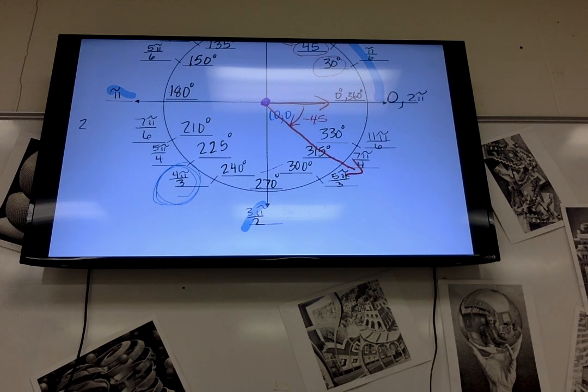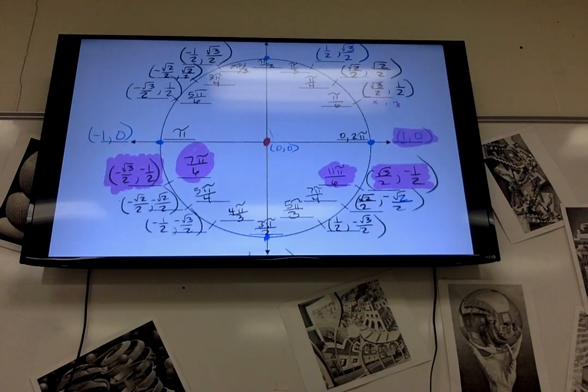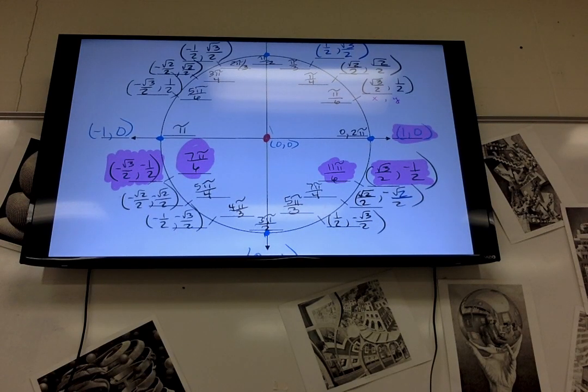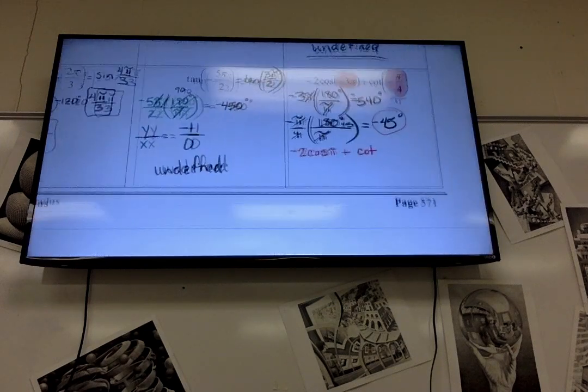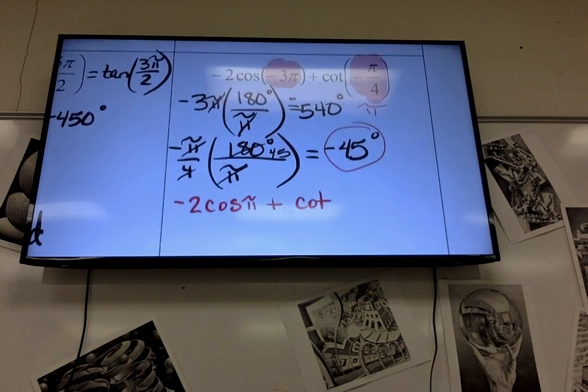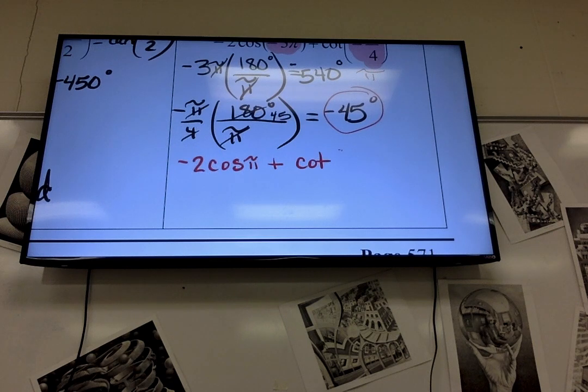Negative 45 corresponds to 7 pi over 4. That's what it is in radians. Okay, so 7 pi over 4 is right here. So instead of negative pi over 4, I can say, oh, that's the same thing as 7 pi over 4.